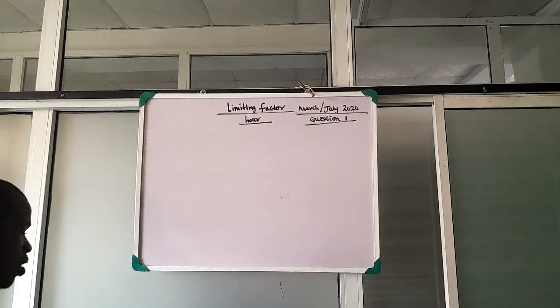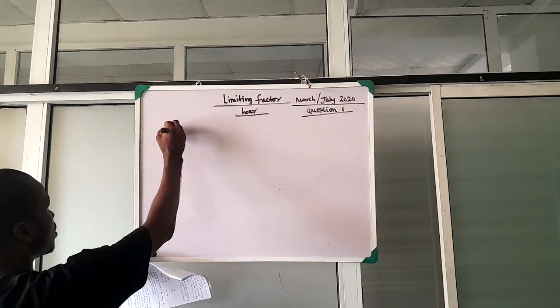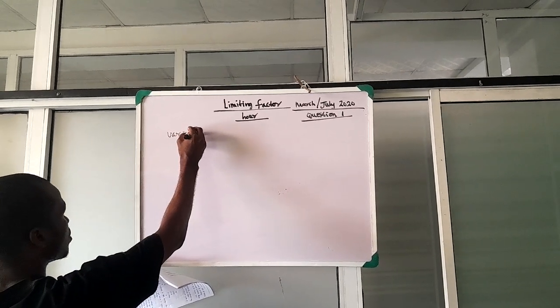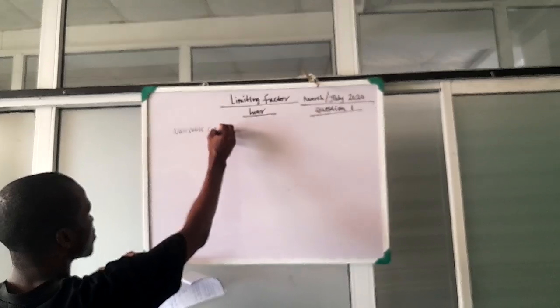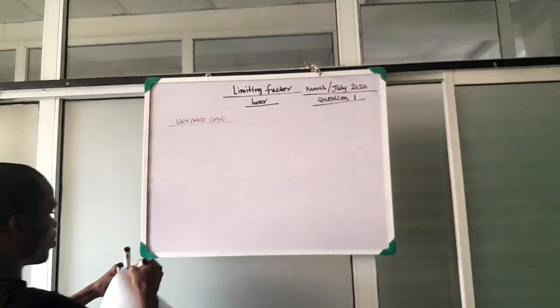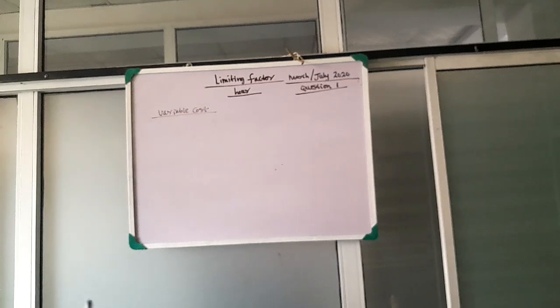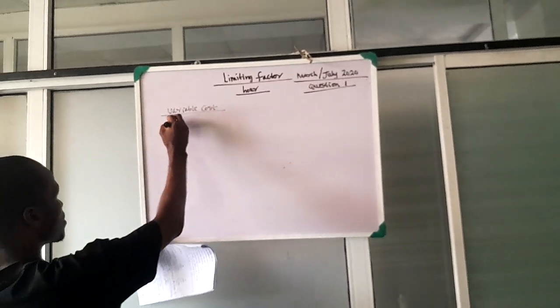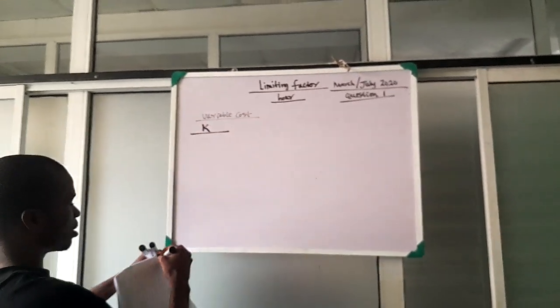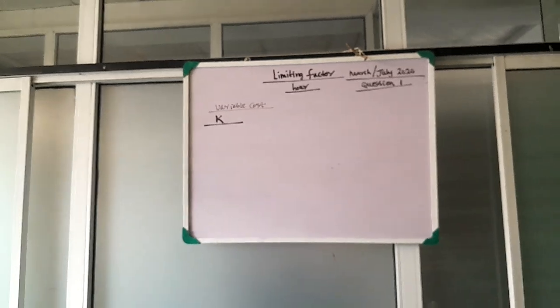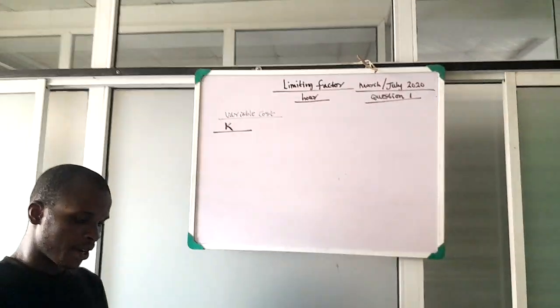The variable costs will have K and T. Variable costs for K. Clearly here we have raw material, they say 2.